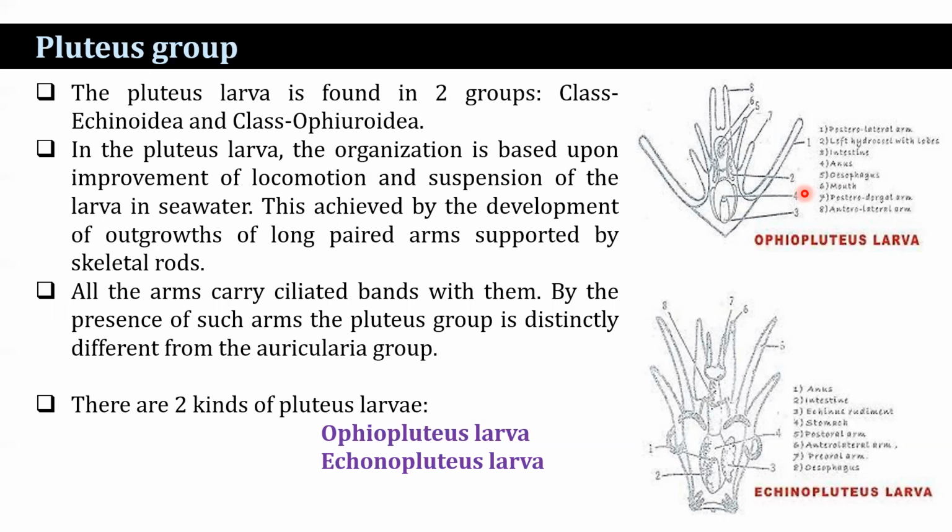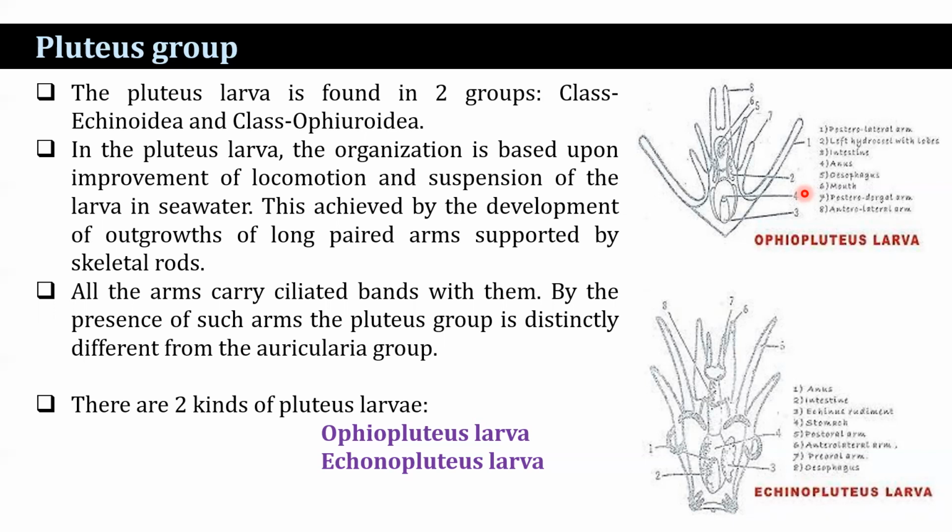Class Echinoidea, commonly known as sea urchin, heart urchin or sand dollars, are echinoderms having more or less spherical or orally or aborally flattened bodies without arms. Ossicles fuse to form an internal test on which movable spines are mounted. Those are the features of Echinoidea.